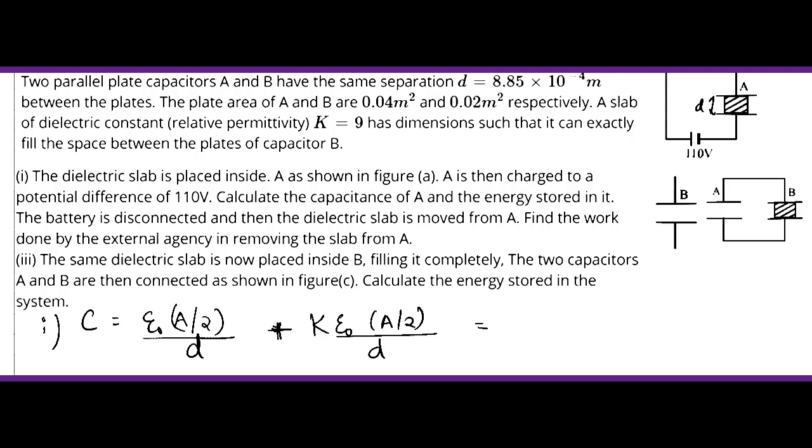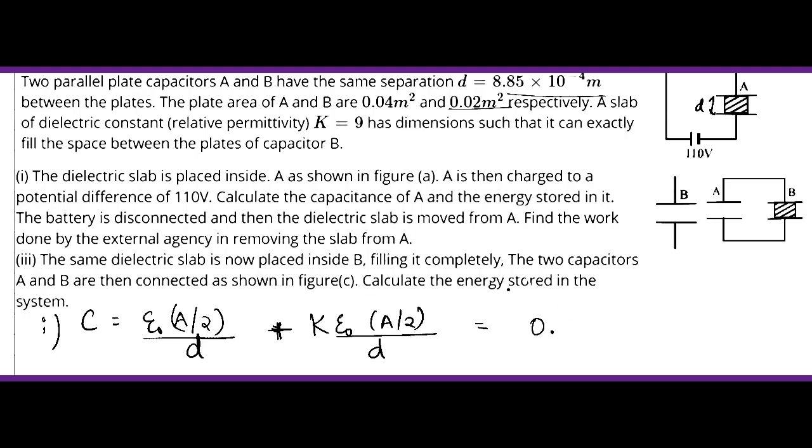So when we substitute all the values, K equal to 9, epsilon naught equal to 8.85 into 10 to the power minus 12, and A by 2, that is the area 0.04 by 2, since it fills the B block completely. The area would be 0.02 for the empty part and 0.18 for the dielectric part.